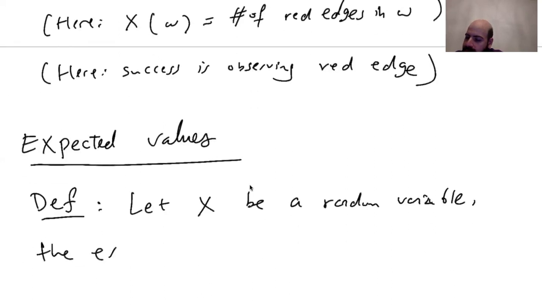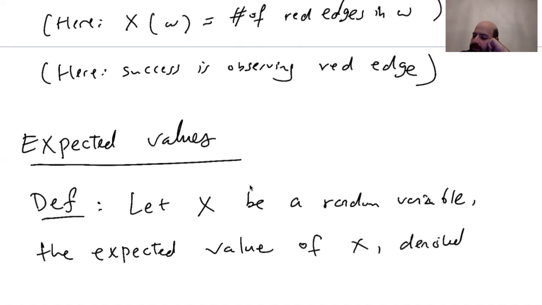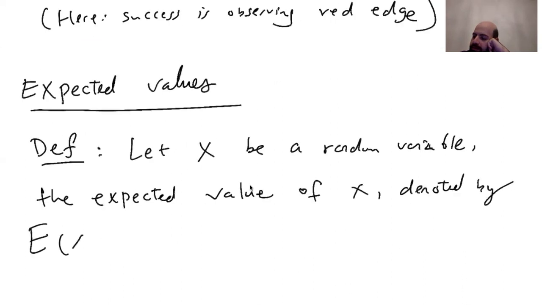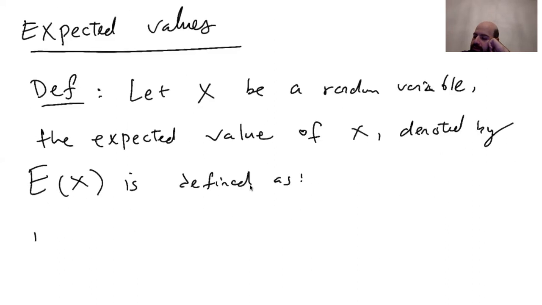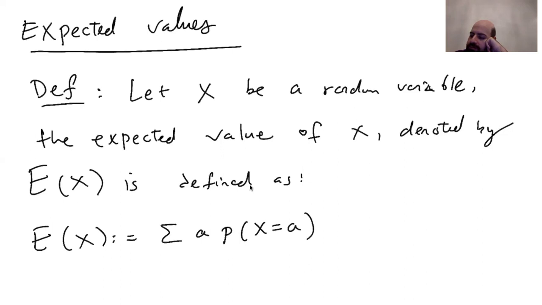The expected value of X, denoted by E of X, is defined as sigma small x, and then P of capital X equals, I can write it as, let's say, just sigma A P of capital X equals A, to make sure they are not confused with each other.